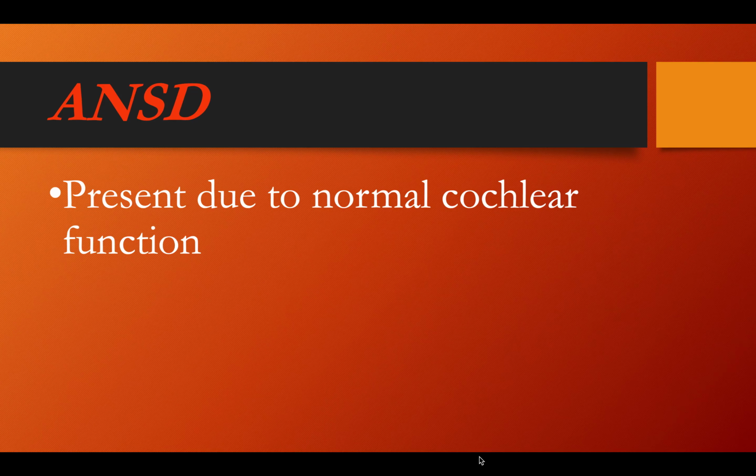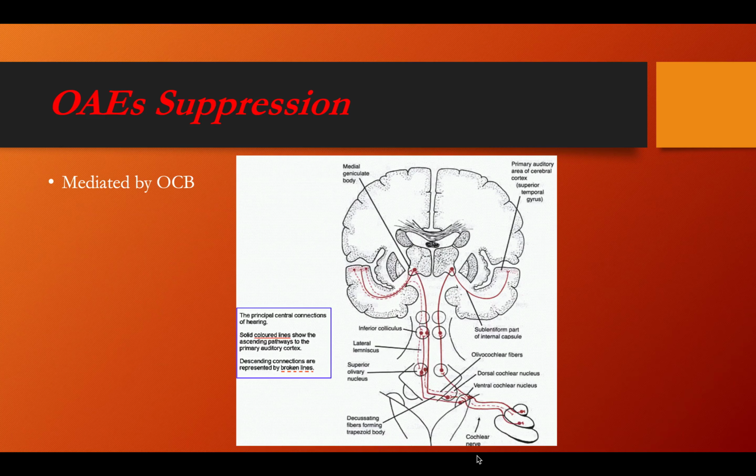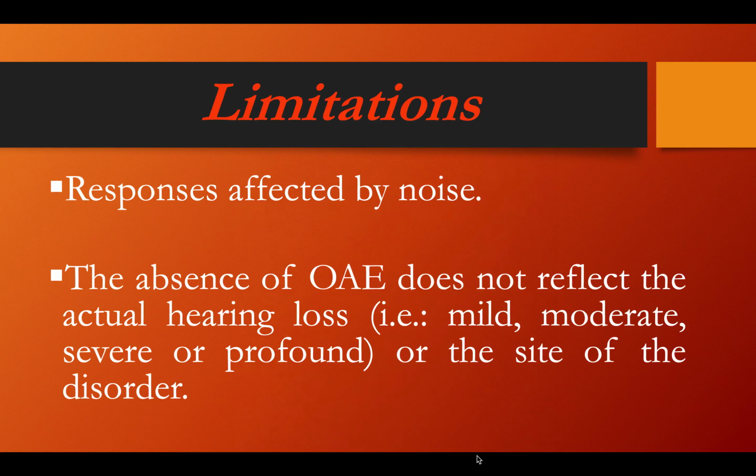And it is also used in auditory neuropathy spectrum disorder to diagnose that neural disorder: otoacoustic emissions are present due to normal cochlear function, with absent ABR. Otoacoustic emission with suppression is mediated by the olivocochlear bundle.